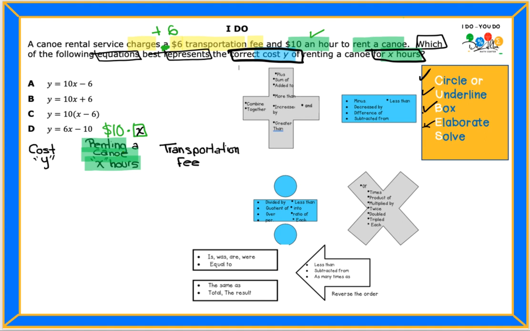Which equation best represents the correct cost? That's what I'm gonna figure out. And to find the cost, what sign do I have here in my anchor chart? Probably the total. Very good.